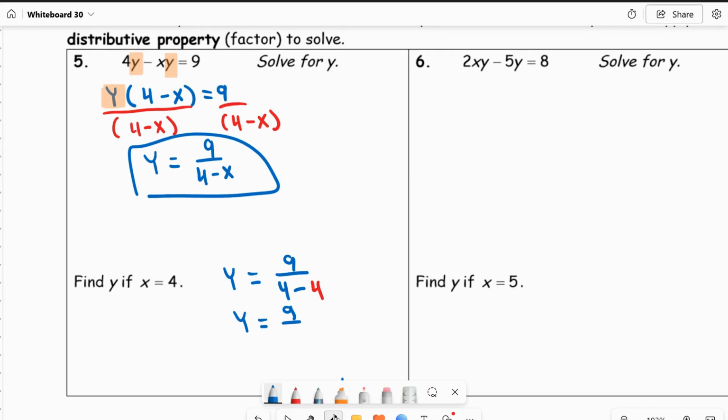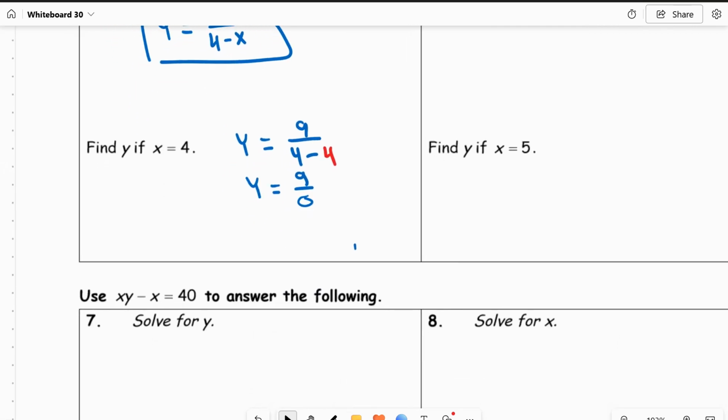And then this is a nice review as well, because whenever you have a fraction with 0 as the denominator, your answer is actually undefined. But when 0 is your numerator, then your answer is 0. So make sure you're keeping those two straight.